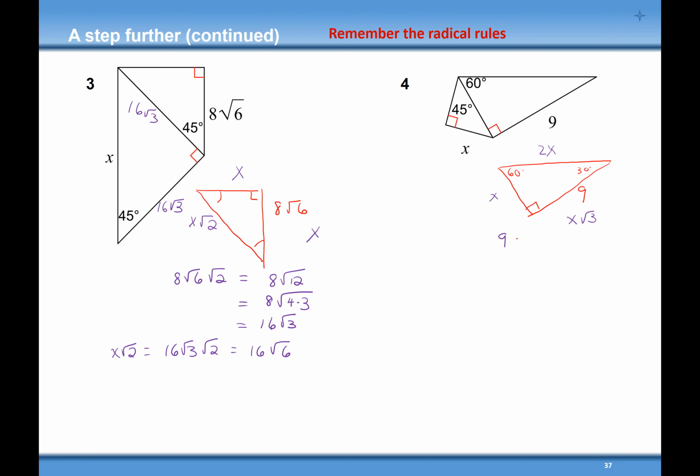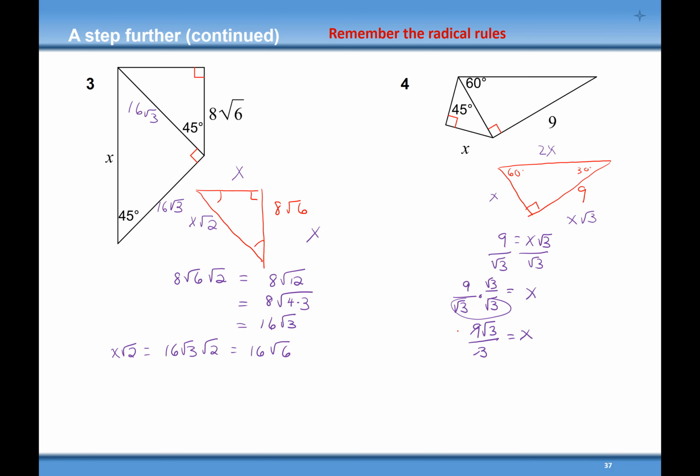So we get 9 equals x root 3. And to solve this for x, we need to divide both sides by radical 3. And remember, you can't keep a radical 3 in the denominator, so we're going to multiply the numerator and the denominator by radical 3 here, which gives us 9 radical 3 in the numerator and 3 in the denominator, because radical 3 times radical 3 becomes radical 9, which is 3.